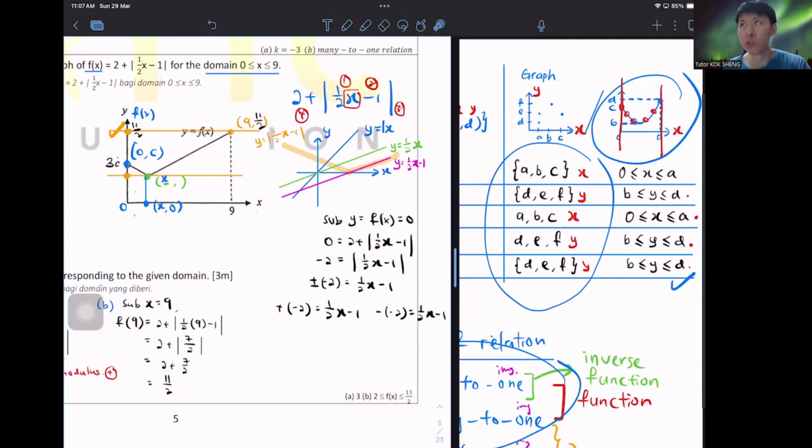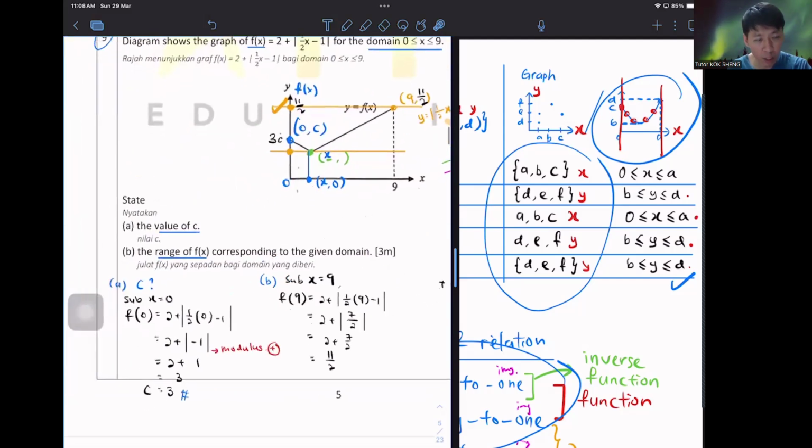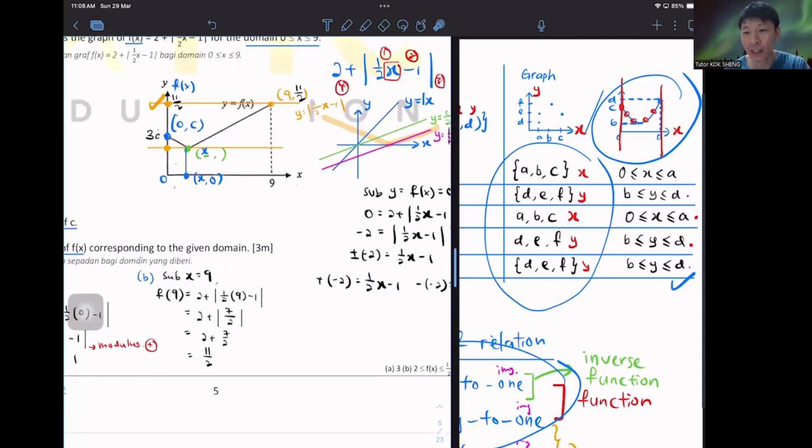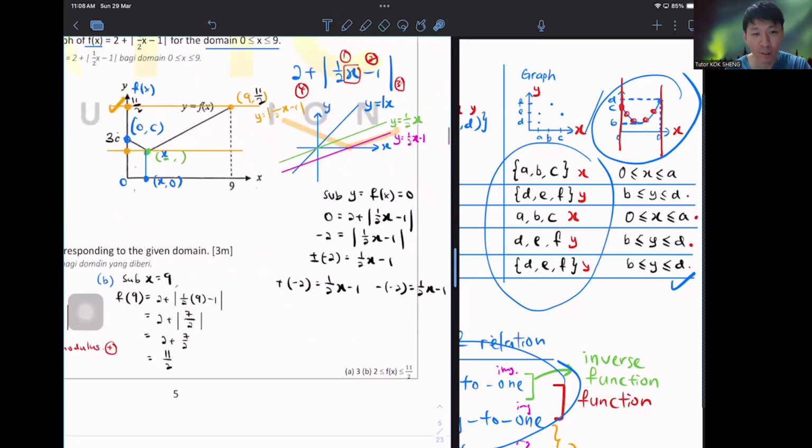Sub x equals 0, you are finding the answer for A, right? The places are different, because when you sub x equals 0, you find the answer is 3, but 3 is over here, not this answer. That's why the answer for the x will be smaller than 3 later.